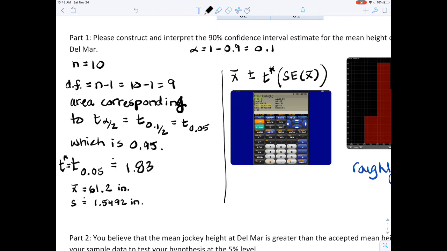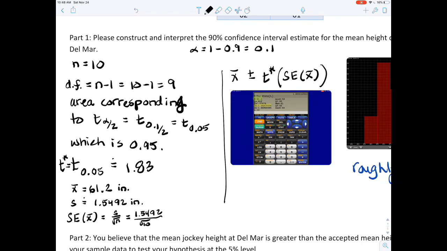The standard error of X bar, so be careful, the standard error of X bar is equal to s over root n, which is going to be 1.5492 divided by root 10.